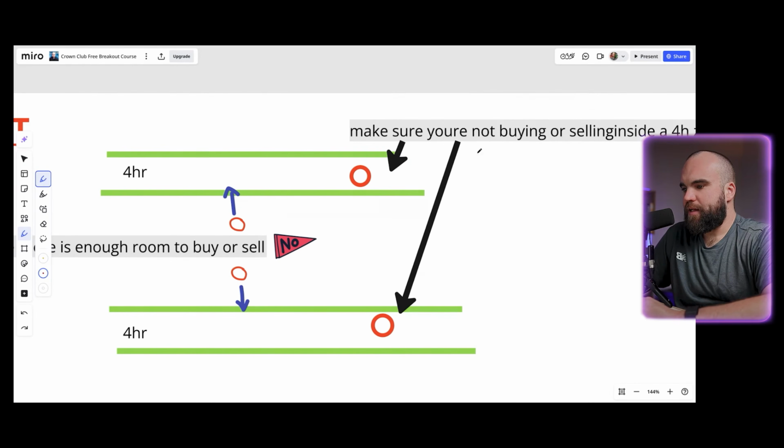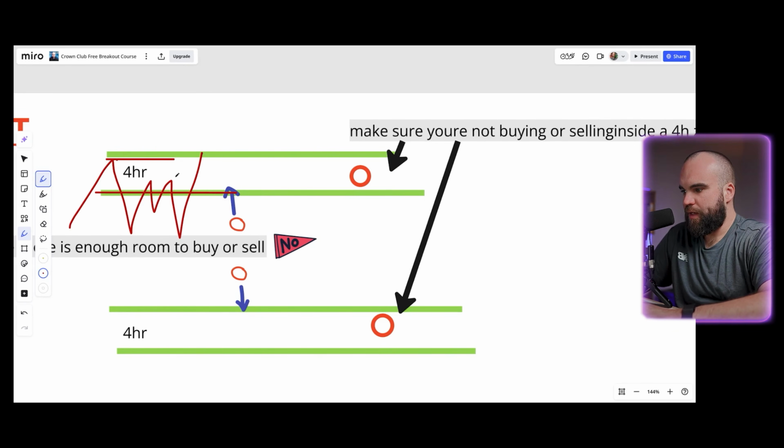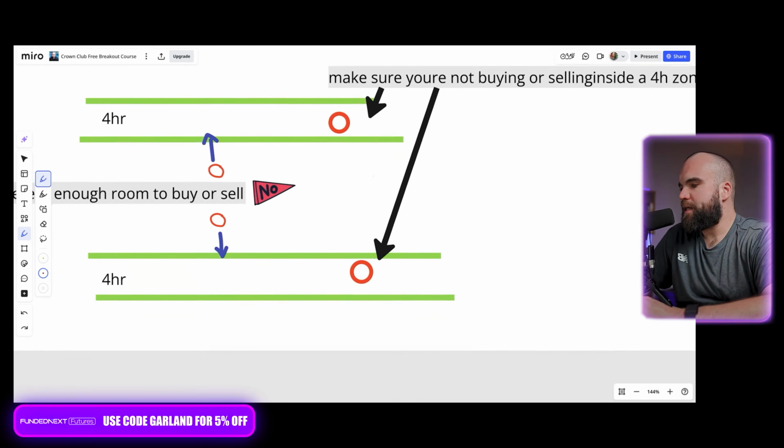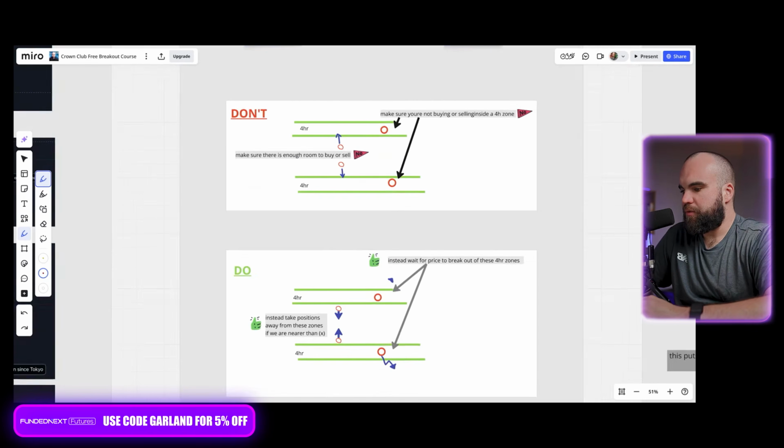And the second thing is you want to make sure you're not buying or selling if you're actually between the 4-hour zones. Meaning, if there's price action within here and we have our zone drawn here, because we draw from the top of the wicks to the majority of the bodies, we often have this big zone. We do not want to take trades within the zones because it makes trades less highly probable, okay?